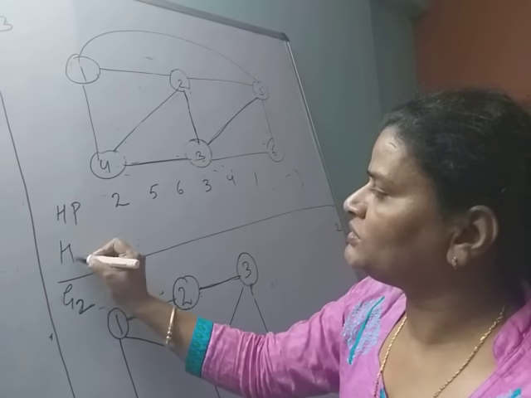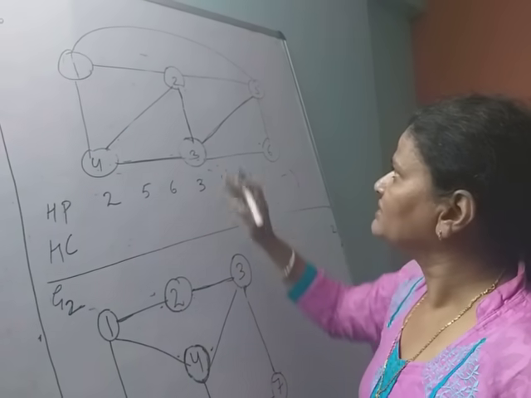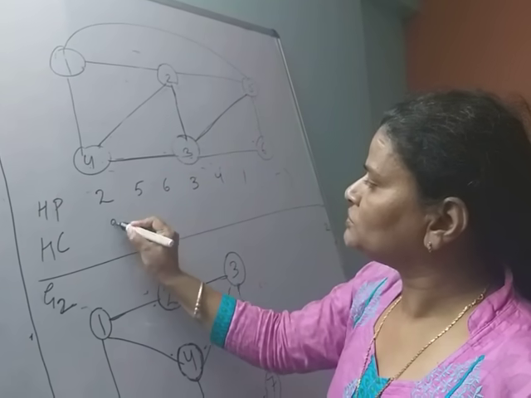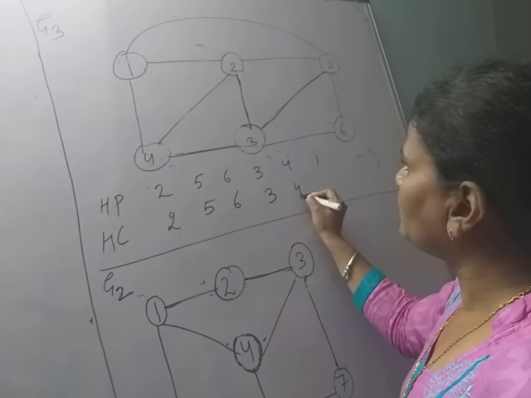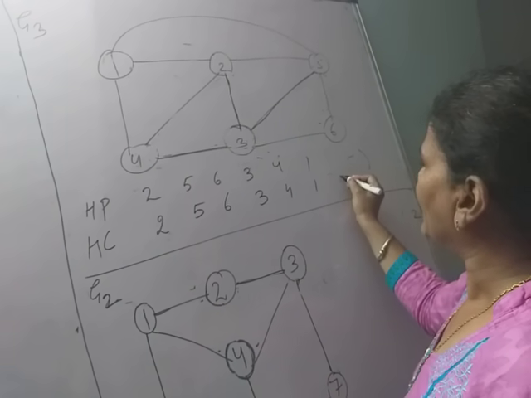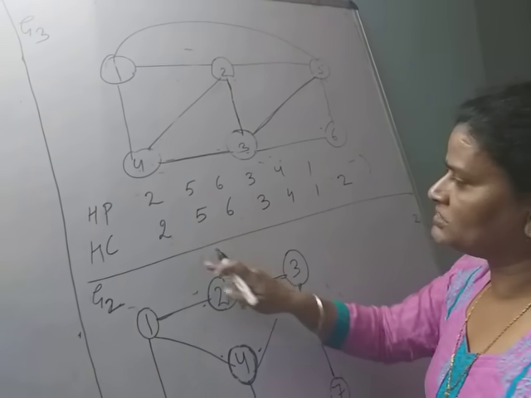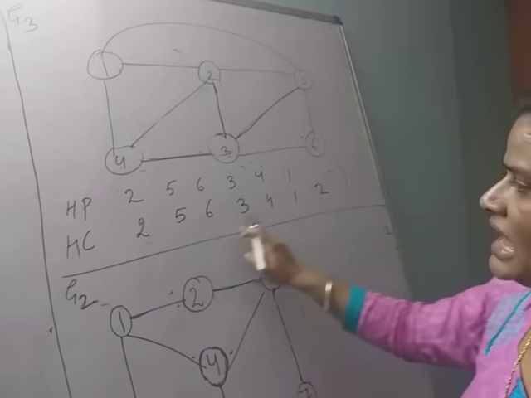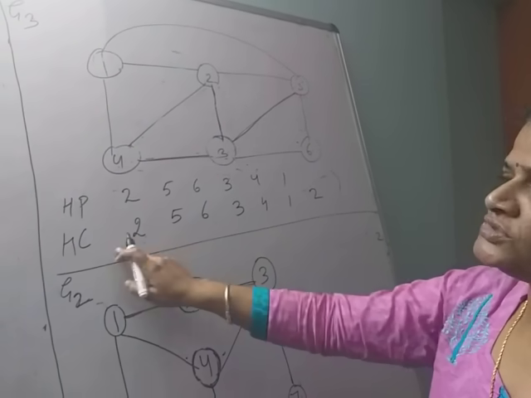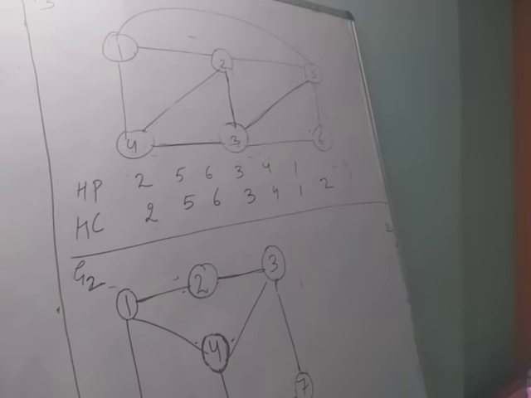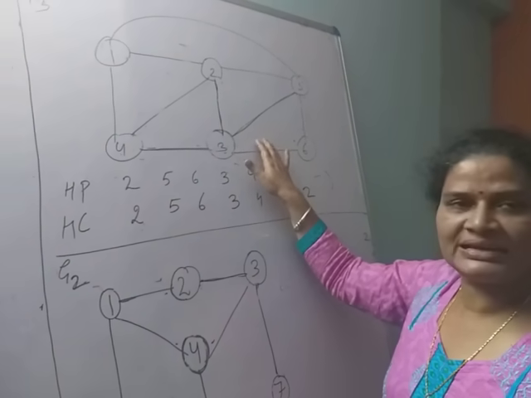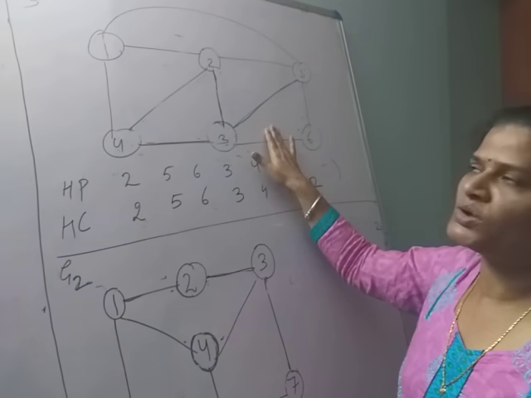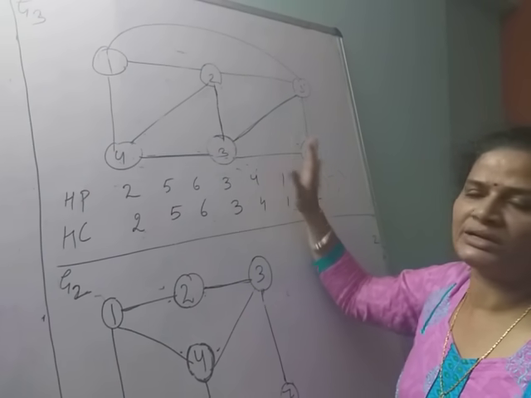Now the Hamiltonian cycle for this graph. Suppose we start from 2: 2, 5, 6, 3, 4, 1 and 2. All the vertices are different here, so this is a Hamiltonian cycle. In this graph the Hamiltonian cycle exists, so this graph is called a Hamiltonian graph.